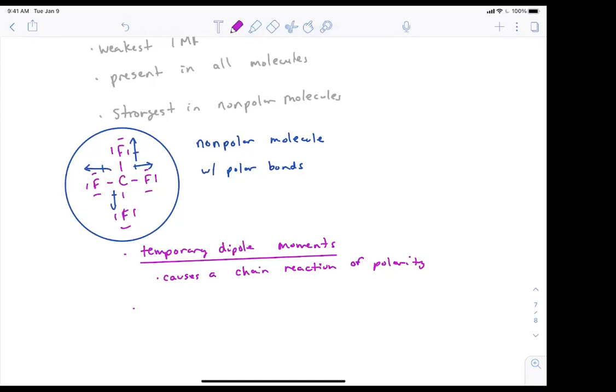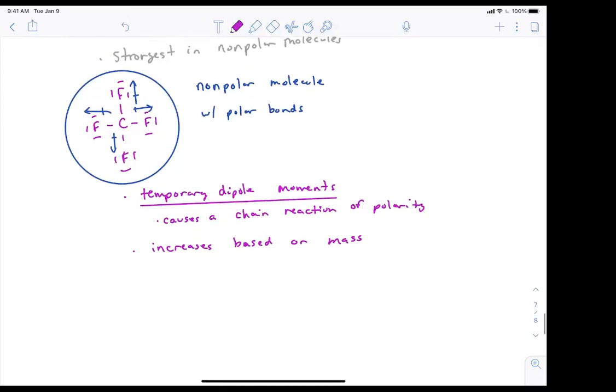Also, the strength of this increases based on mass. So your LDFs increase in strength as mass increases. I think the best example of that is thinking about fluorine gas going to chlorine gas, going to bromine liquid, and going to I2 solid.